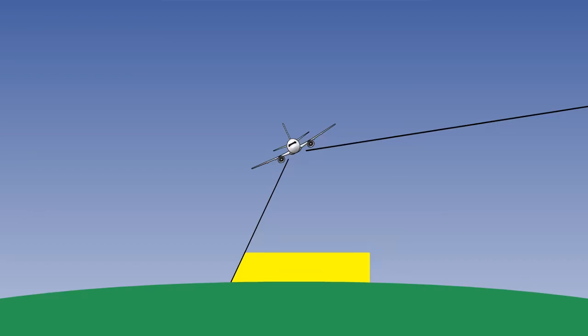Otherwise, during the bank, the picture would be degraded, as one side would be too bright, and the other side would be blank, as the energy went out into space, never to return.